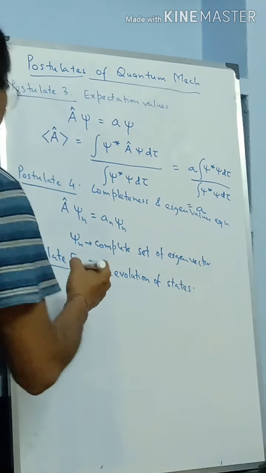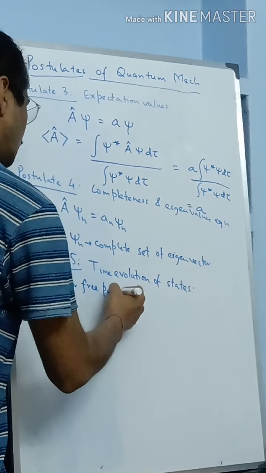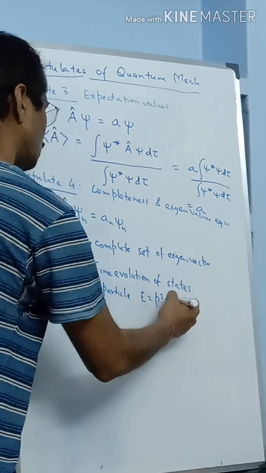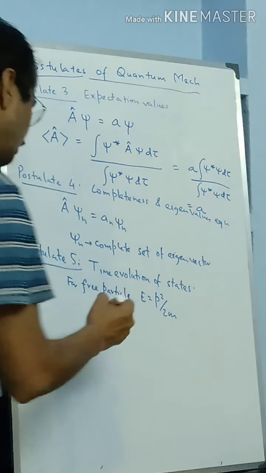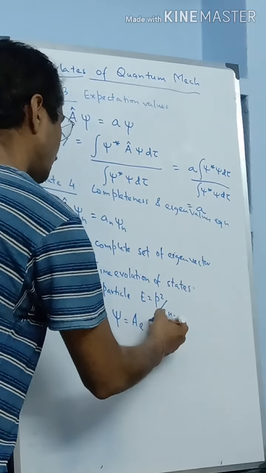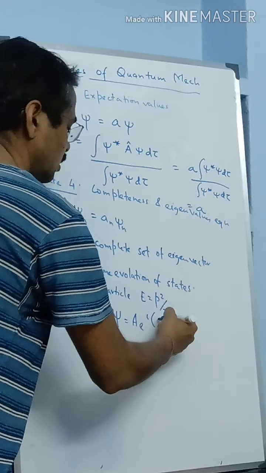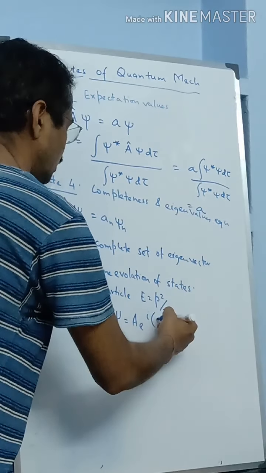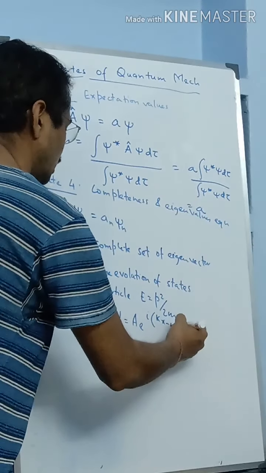For a free particle, the energy is given as p square by 2m, and if you remember, we have written the wave function ψ to be something like A e to the power i of (kx minus ωt).